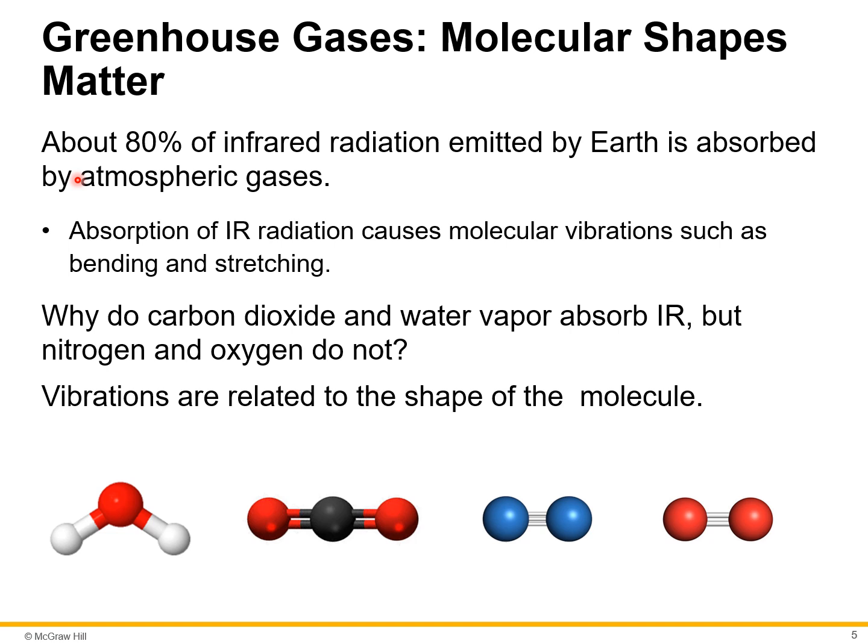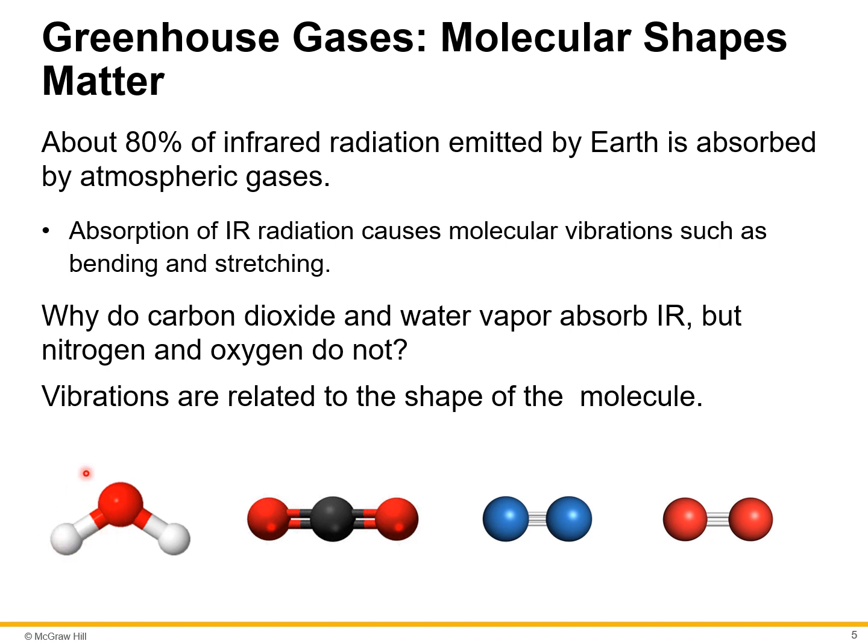CO2 is a greenhouse gas. Water vapor can also be considered a greenhouse gas. About 80% of the infrared radiation emitted by Earth is absorbed by these atmospheric gases, and the molecules actually vibrate, or you can say they move in flow with the structures.